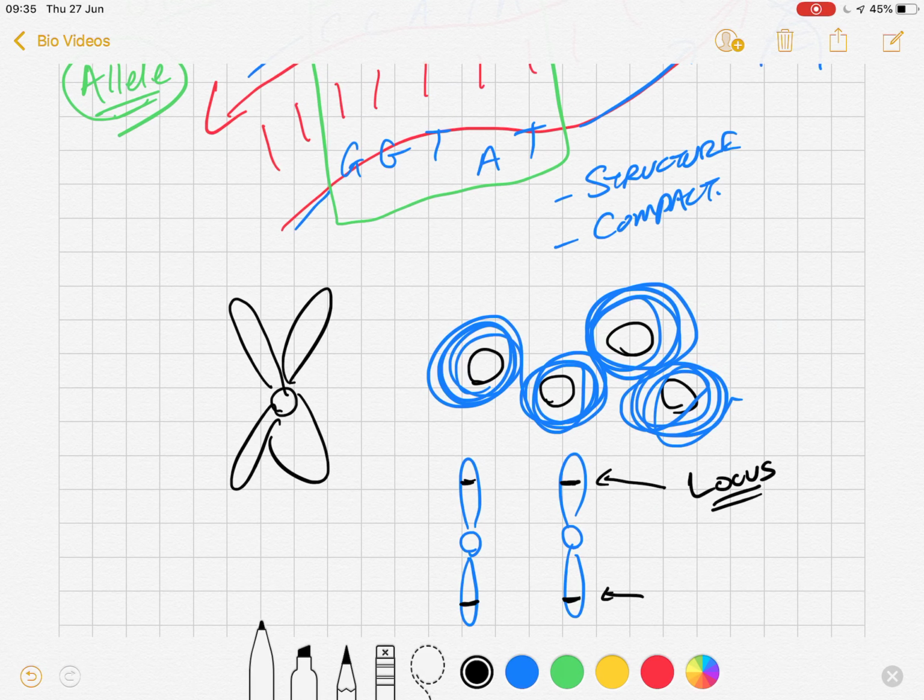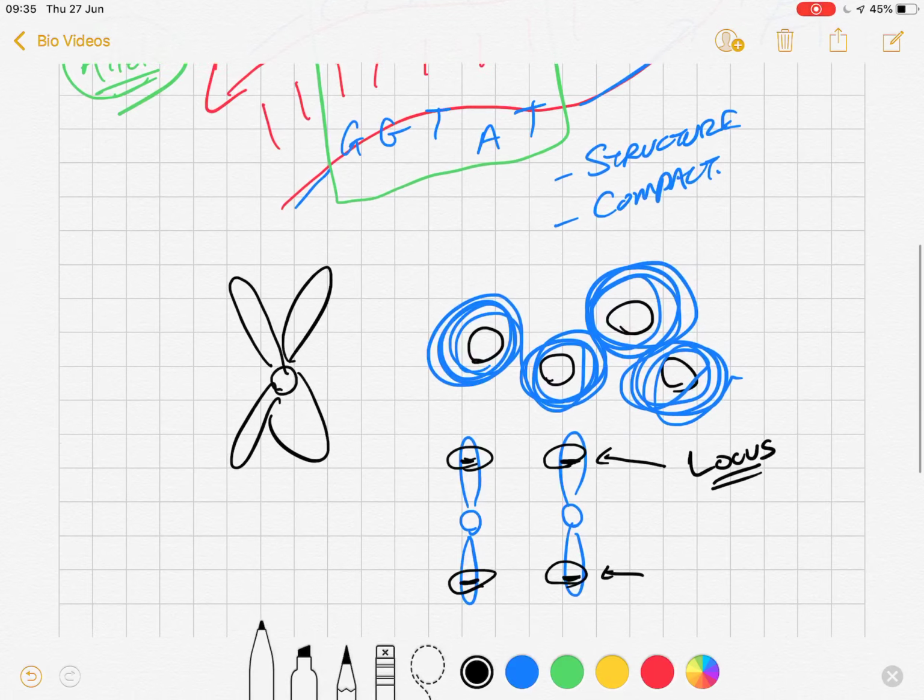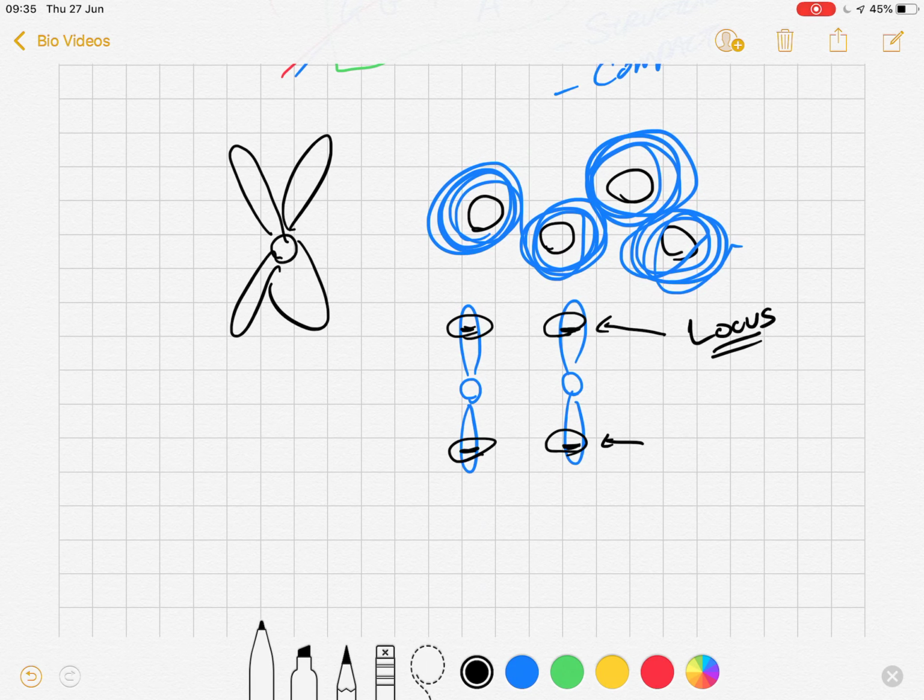A homologous pair of chromosomes exists because we have the same genes, just different versions of them, alleles, on either of the chromosomes there. And we'll look more at chromosomes and cell division in a later video. So what we've got there is the homologous pair of chromosomes, one copy that we get from our father, one copy that we get from our mother.